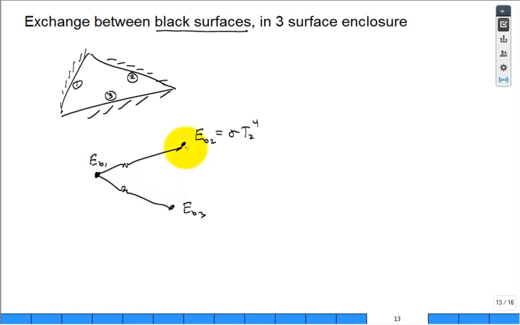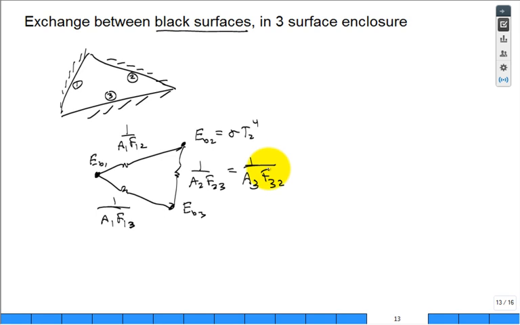Some geometrical radiative resistance: 1 over A1 F1 to 2, 1 over A1 F1 to 3, and 1 over A2 F2 to 3. Somebody says, why don't you write that as 1 over A3 F3 to 2? It's the same, reciprocity.